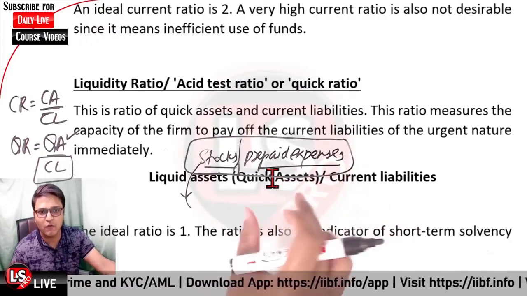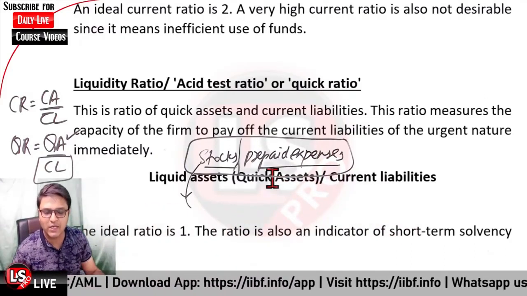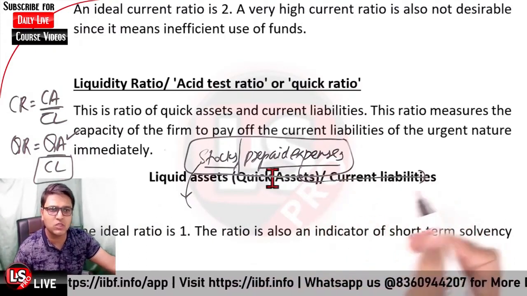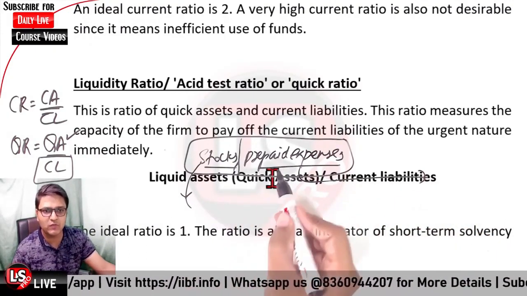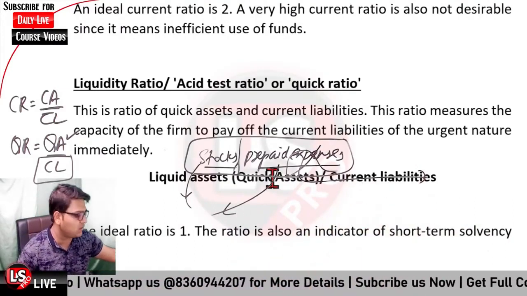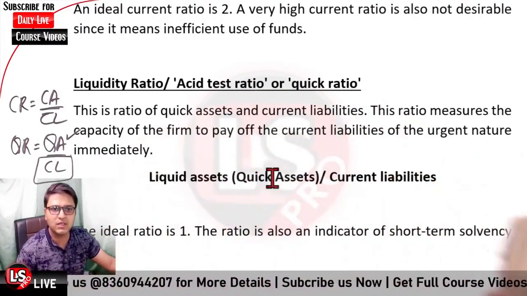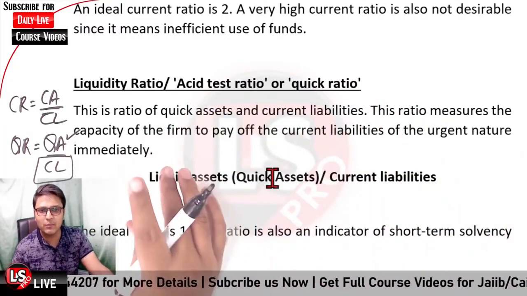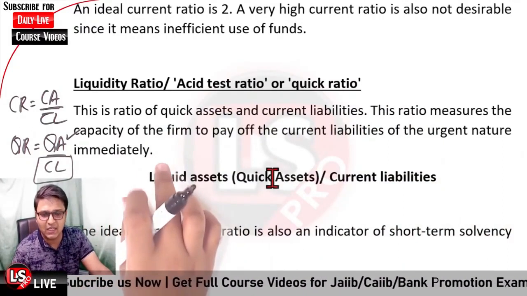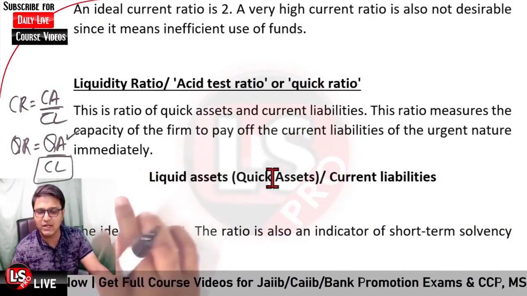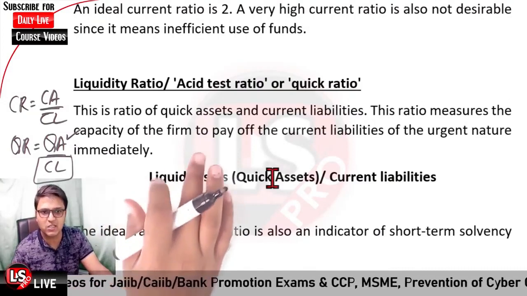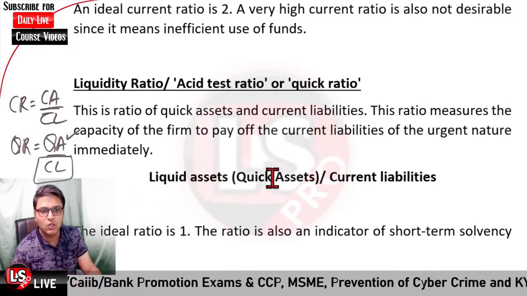You cannot pay off other liabilities with it because you have already paid this amount to someone. So that is also not to be considered. Okay, so what is the definition of the quick assets? Those assets which can be readily converted into liquidity or into cash itself.